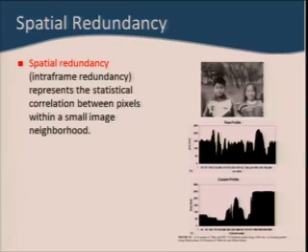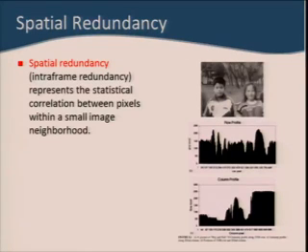Right, so next, what is spatial redundancy? As the name suggests, spatial means space. So spatial redundancy is the kind of redundant information that exists in an image. For most natural images, if you look at a small image region, its pixel values tend to be very similar or very different to each other?